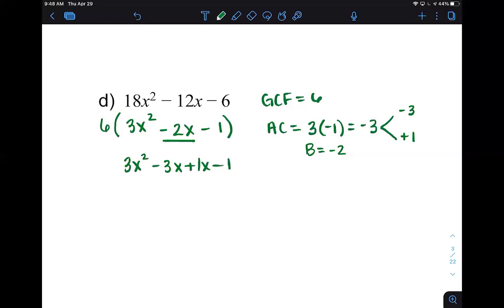If you like the box method, do that and see if you get the same answer. What's the GCF between 3x squared and -3x? 3x. 3x squared divided by 3x is 1x, or just x. -3x divided by 3x? -1. 1x minus 1, what's the GCF?